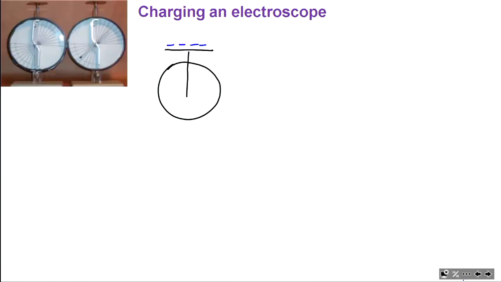They repel each other, which means they start running down. And the moving arm of the electroscope is also made of aluminum, so it also gains some electrons. And now at the bottom of this electroscope, we have two negative objects repelling each other. That's what we observe.